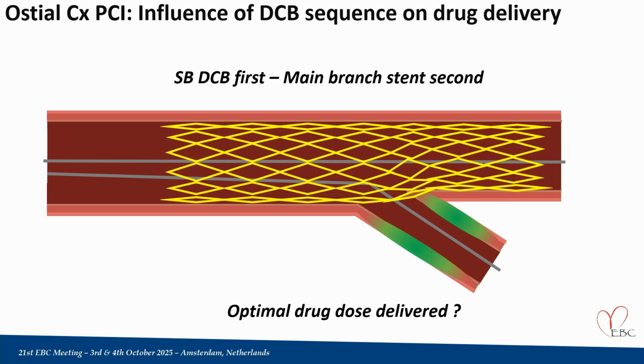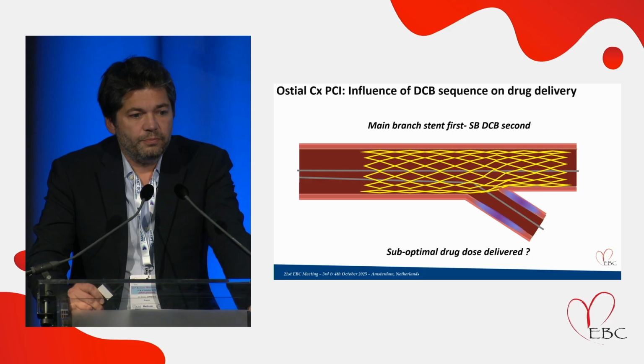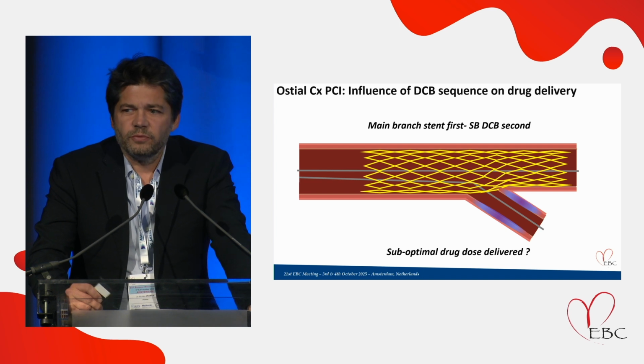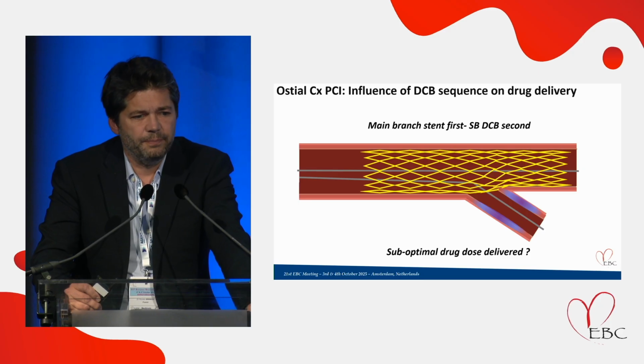However, if you do the same kind of approach after a stent was placed, it means that your DCB will have to cross the metal of the stent, which can potentially damage the coating, and we don't have any idea about what is the actual dose of drug that will be delivered there. I think it's quite unpredictable. So we don't know, and in this perspective, maybe putting the DCB first will be more appealing.